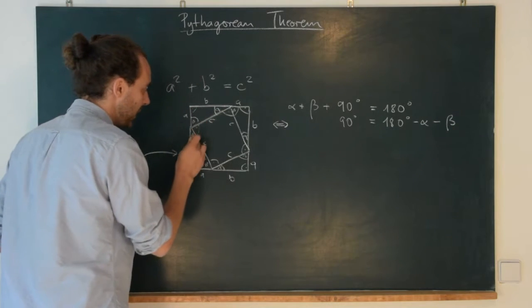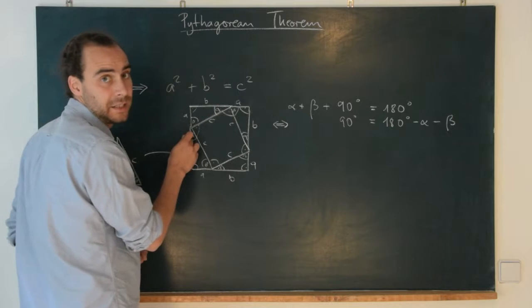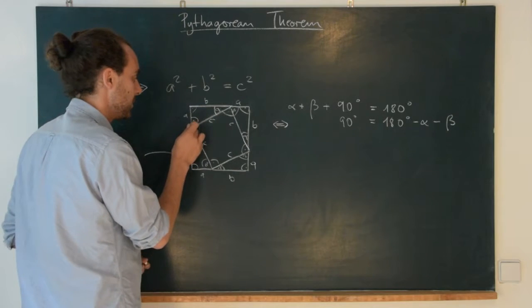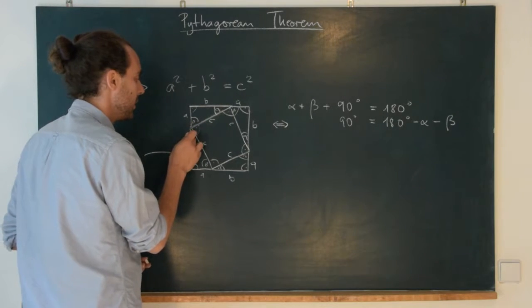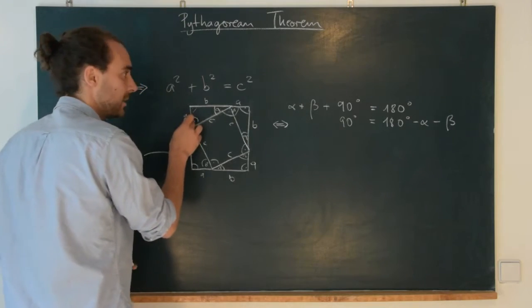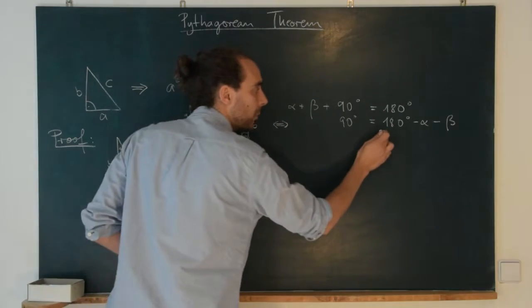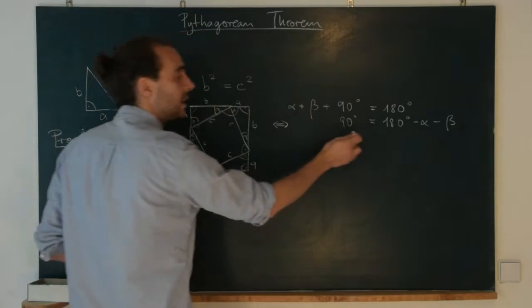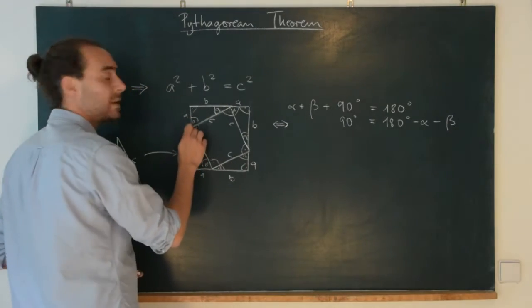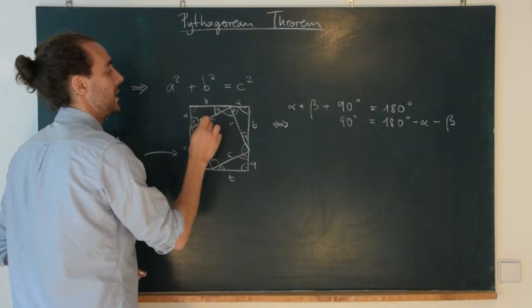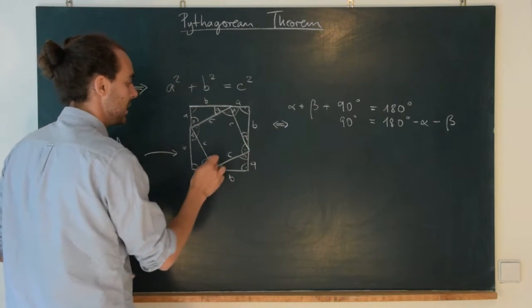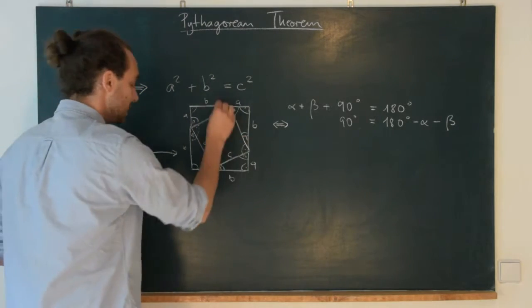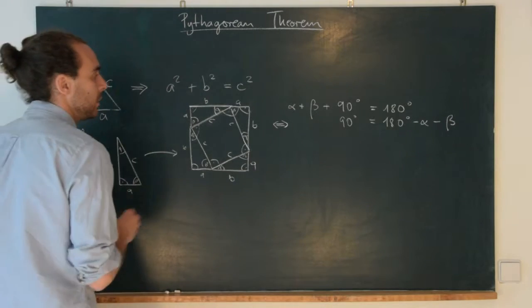And this angle, for example, is 180 degrees. If we subtract alpha and beta from 180 degrees, we get 90 degrees. 180 degrees minus alpha minus beta is 90 degrees. So this angle is 90 degrees, as same as this, this, and this. So this is indeed a square.